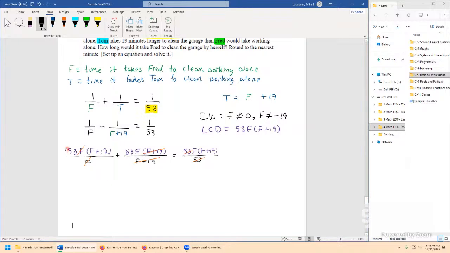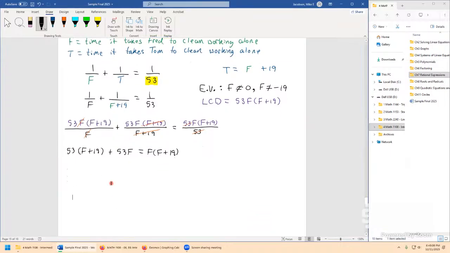I think it's pretty iffy if I just try to do that all in my head. So sometimes writing a bunch of stuff is a great strategy just for the sake of organization and accuracy. We're left with a new equation, 53 times f plus 19 plus 53f equals f times f plus 19. And it's kind of a beast of an equation.